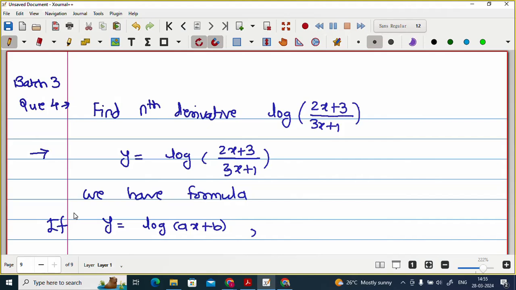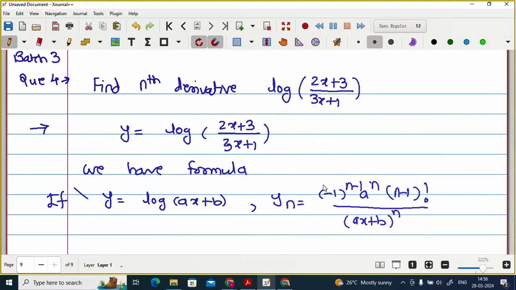Yn is equal to minus 1 raised to n minus 1 a raised to n minus 1 factorial divided by ax plus b raised to n. दिस इज द फार्मूला. ये भी दिया है हमने, जो लिस्ट दी है टेबल, उसमें फार्मूला है. But this formula we can use when we have the log of ax plus b.